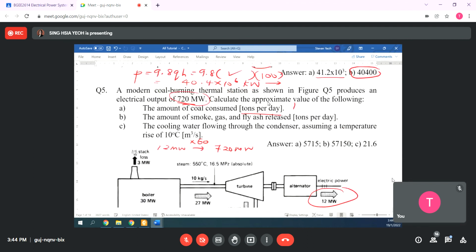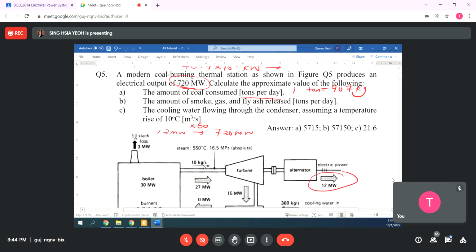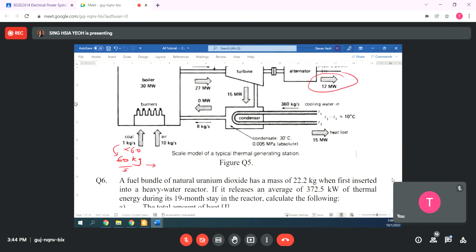So 1 ton will be equal to 907 kg. So here will be 60 divided by 907. Then change the second to day, so you need 60 times 60 times 24 hours a day. So you get the answer is 5715 tons a day.